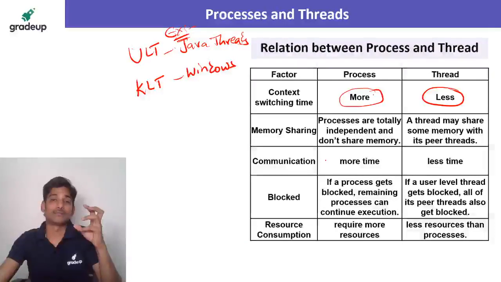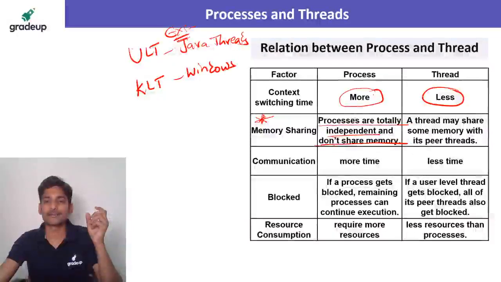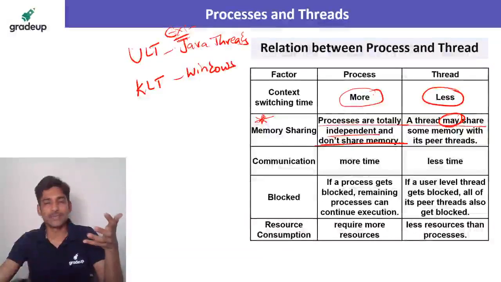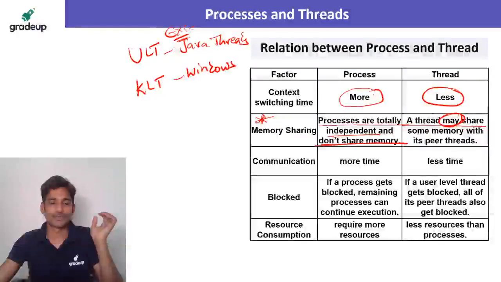And memory sharing. Processes are totally independent and don't share memory. That means each process has its own memory space. But threads may share. When we mention may here, it means may not also. So a thread may share some memory with its peer threads.